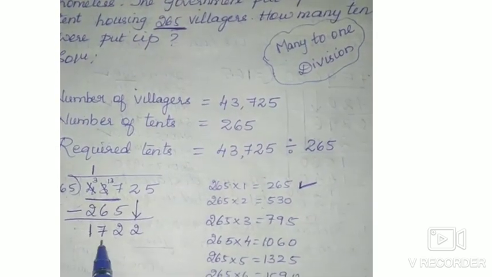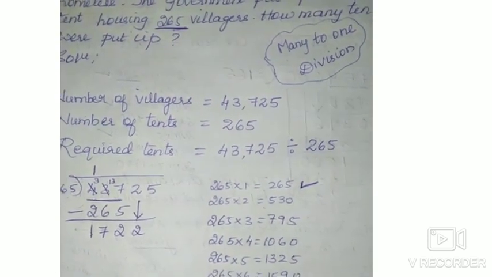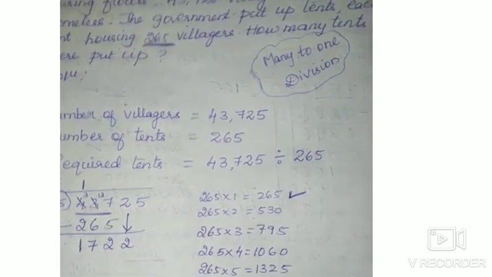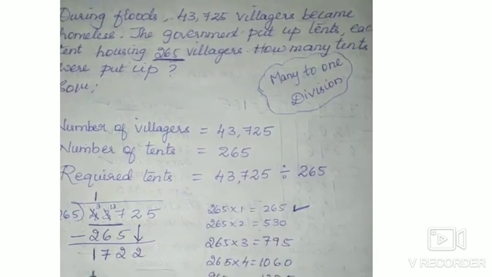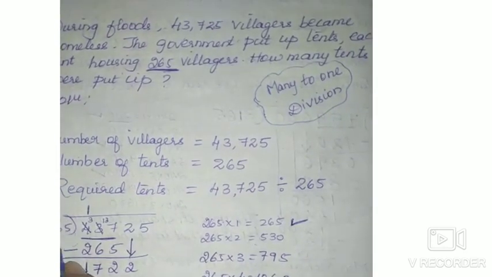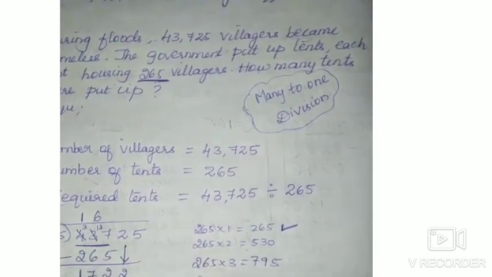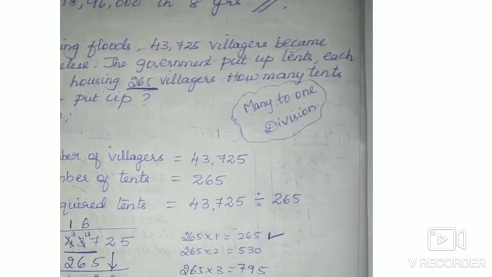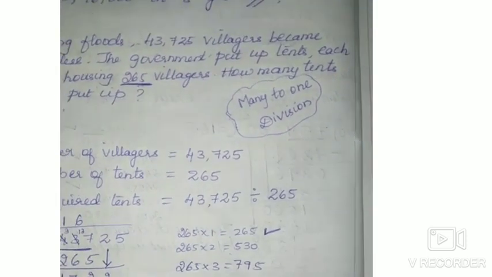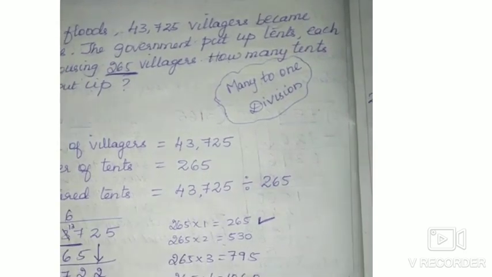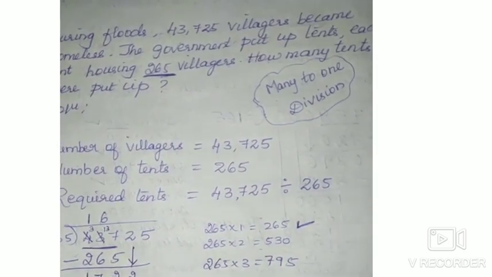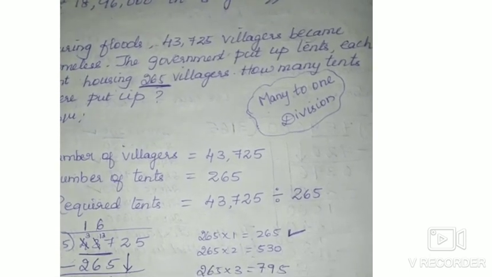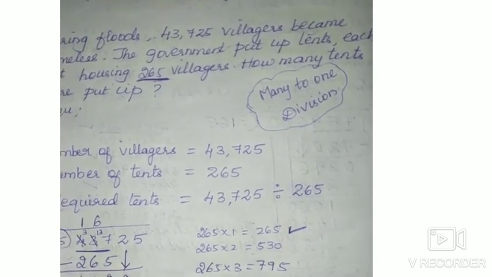Now check whether 1722 is present in the table. Again no. So take the immediate number less than this so that you can easily subtract. Now 265 sixes are 1590. 2 minus 0 is 2. 2 minus 9 is not possible, so take borrow. 12 minus 9 is 3. 6 minus 5 is 1.